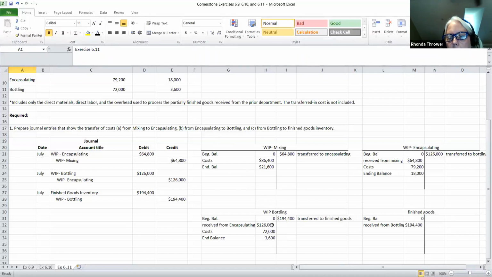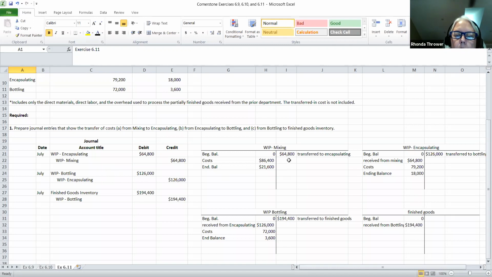So beginning inventory plus what you received in plus your cost minus your ending balance tells you what you would transfer to finished goods. And finished goods had a 0 balance to start with, but we're receiving this from the bottling department at $194,400. It's easier to put these in T accounts first and then do your journal entries. That way you won't get confused.